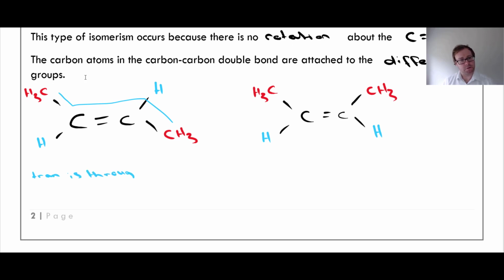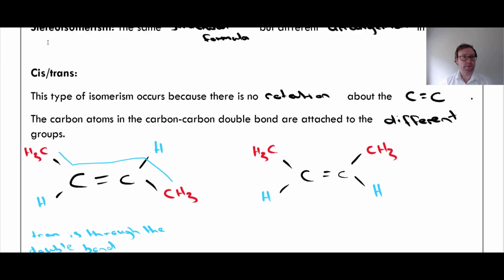So trans is through the double bond. So this would be an example of trans. However, if it does not go through the double bond, so it's on the same side of the double bond, cis is on the same side.